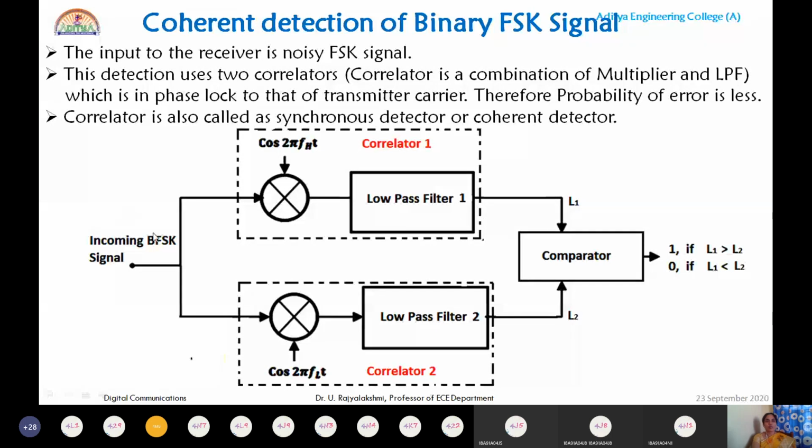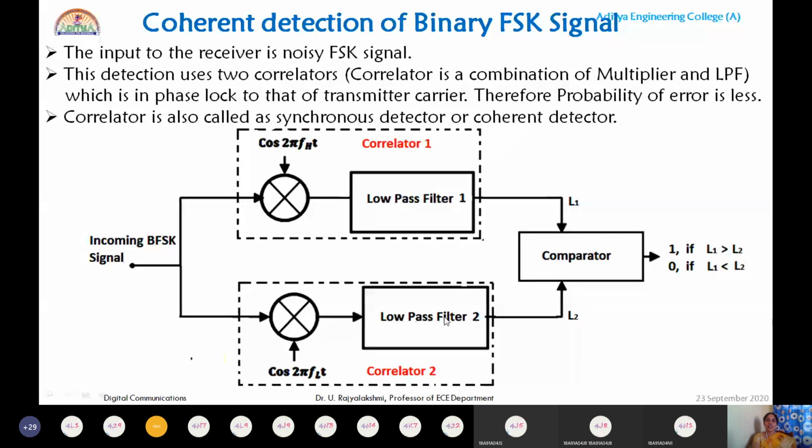Next, the incoming BFSK signal is fed to correlator 2. Correlator 2 also consists of a multiplier followed by a low pass filter. This multiplier takes the product of the BFSK signal with cos 2 pi FLT, and the product is fed to the low pass filter.